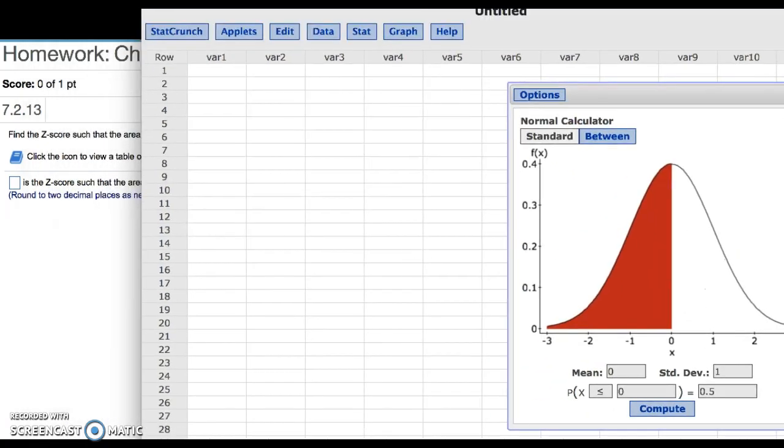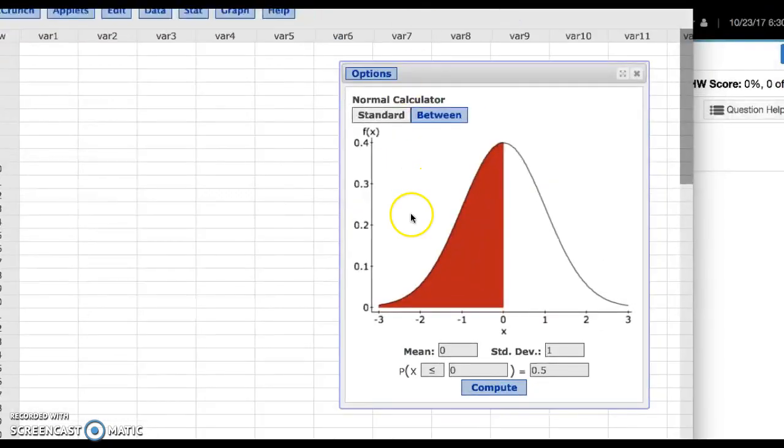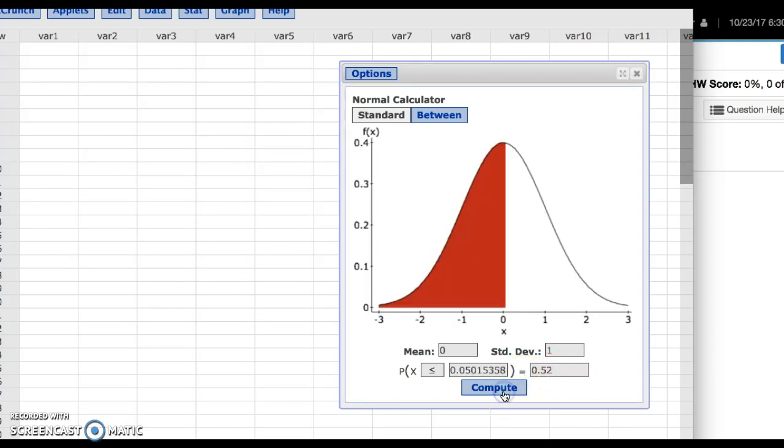And if we want the z-score such that the area to the left is 0.52, anytime we have left, that's going to be less than or equal to. And then we can change this to 0.52 here and compute.